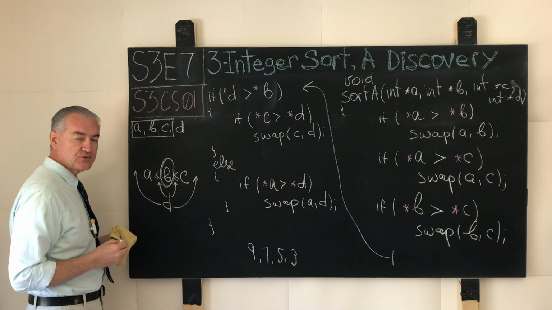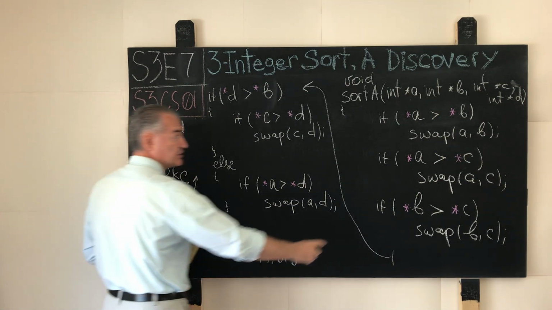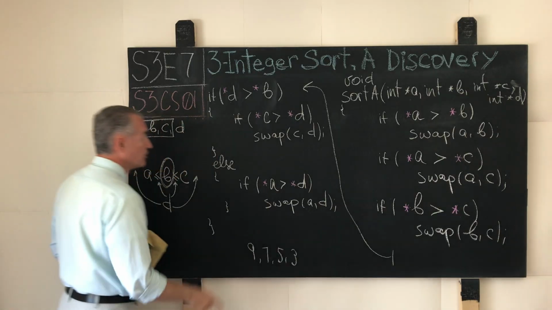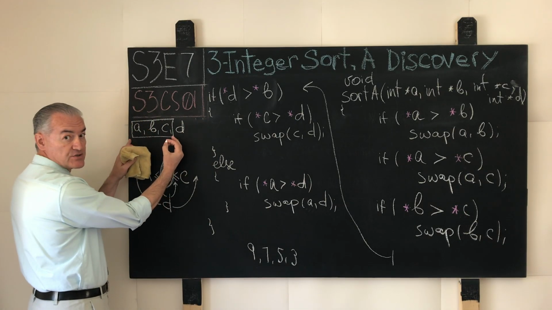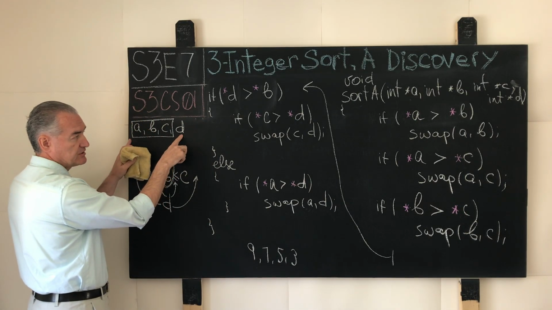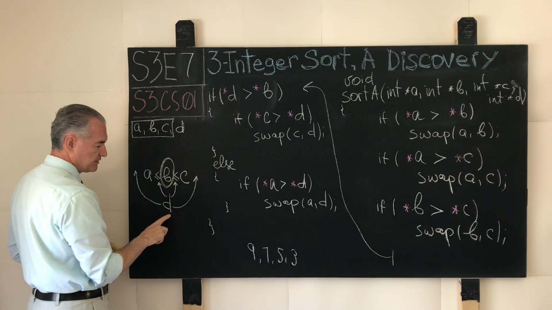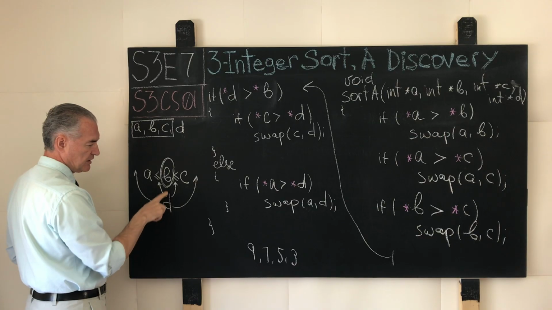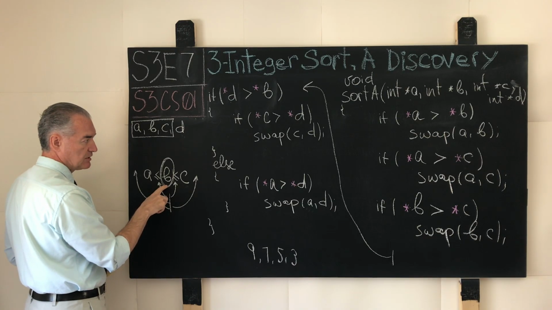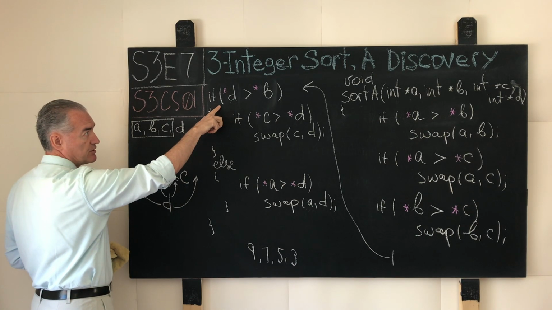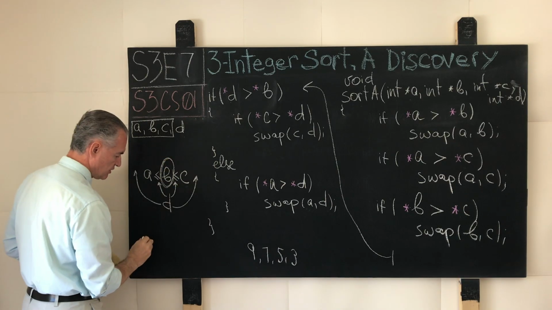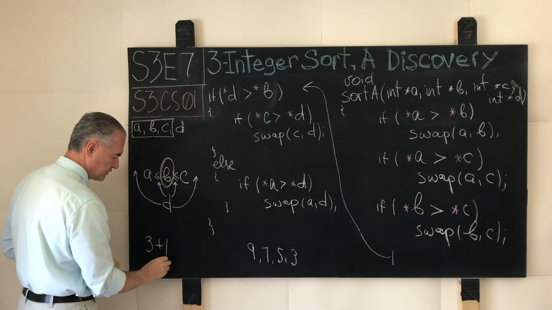How many tests do we do in this case? Well, we still do 3 tests from sorting the 3 integers creatively. And in order to place the 4th one, we need to carry out this test. We need to pit the D coin against the B, the middle coin over here, the middle integer. So this is the test. So 3 plus 1 is 4. Let's write it down. 3 plus 1.